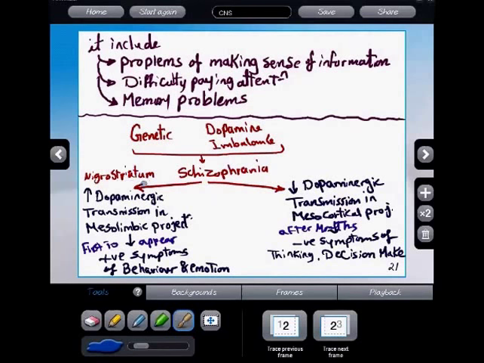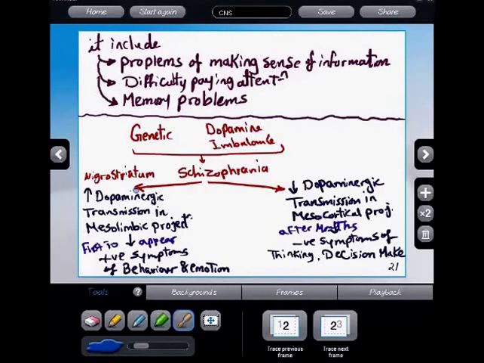And in the nigrostriatum, the increase in dopaminergic transmission in the mesolimbic projection is first to appear as the positive symptoms, which are behavioral, emotional, and so on. So firstly, at the beginning, the dopamine increases in the nigrostriatum. So this gives the positive symptoms, hallucinations, delusions, and so on.